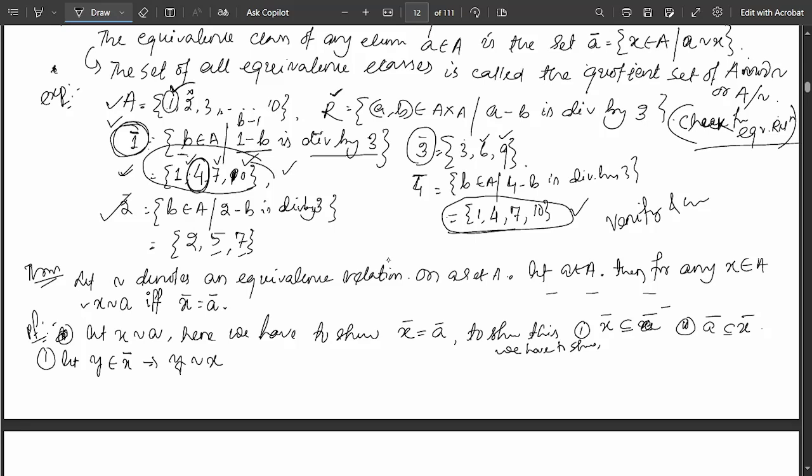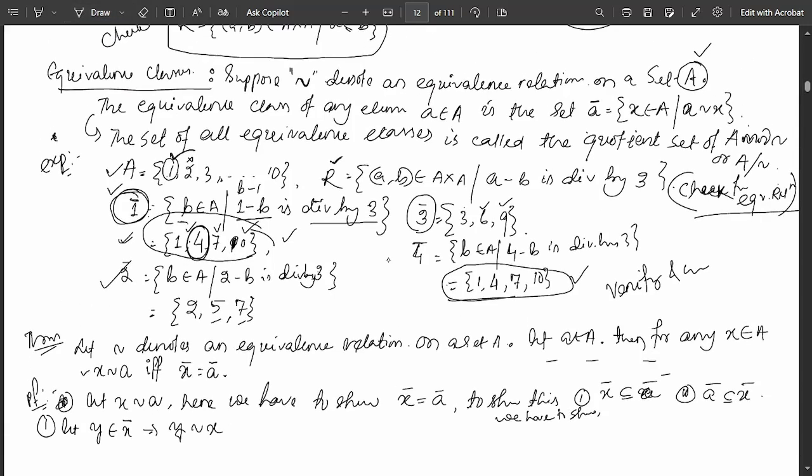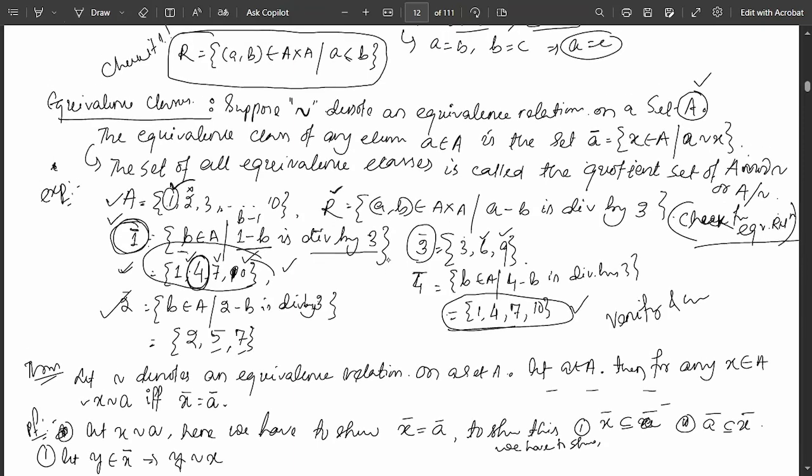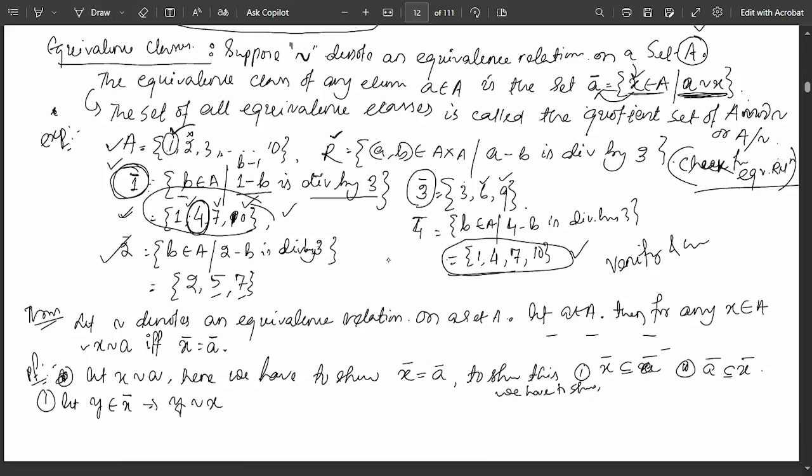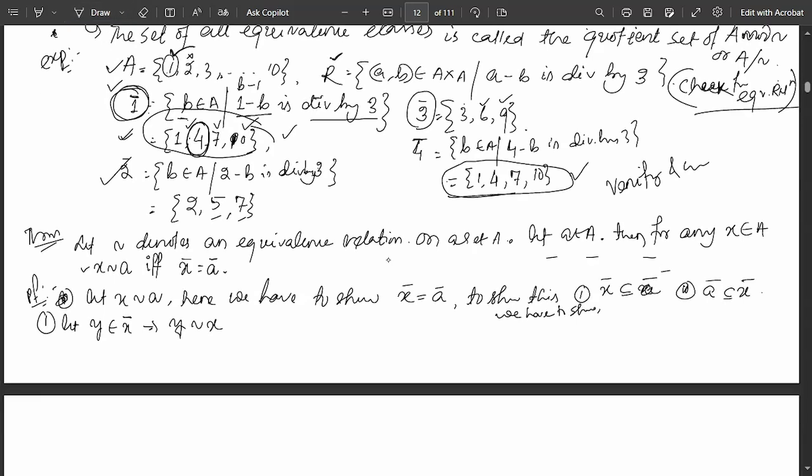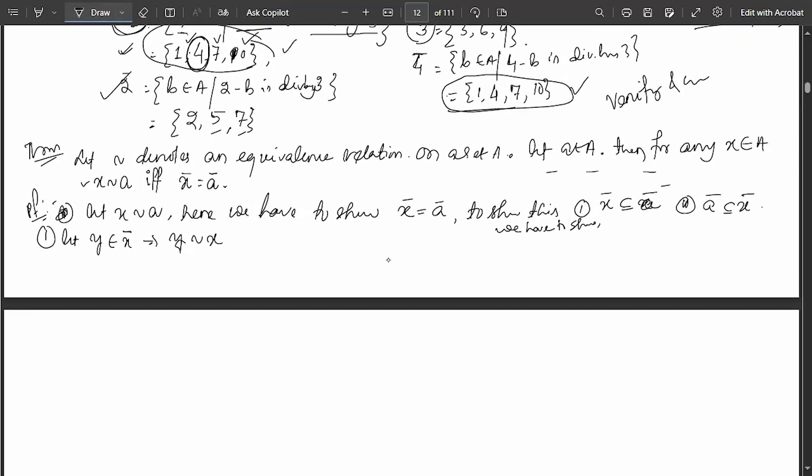It is clear from the definition of equivalence class that if any x belongs to the equivalence class of A, that means A forms an equivalence relation with x. So if y belongs to the equivalence class of x, then y is related to x.